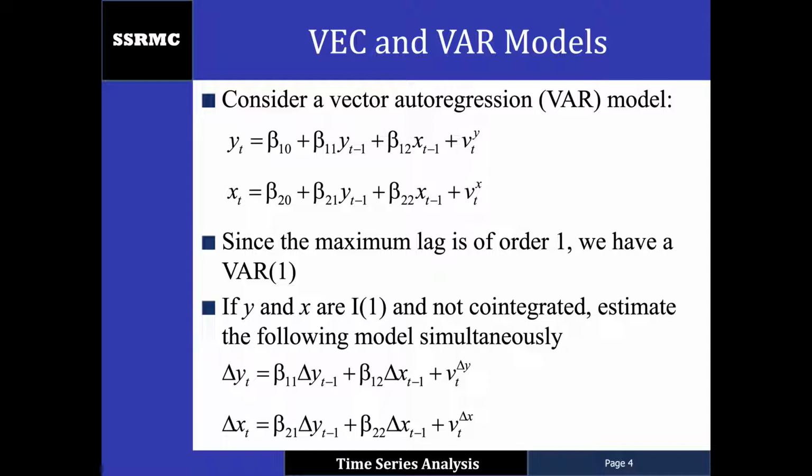So we have the first difference of both yt and xt and their lag terms in these equations, because both of them are not I(0) and they are not stationary. The only way that we can satisfy the assumption of linear regression is to take the first difference of both variables and use the first difference, which is stationary, in this VAR model.